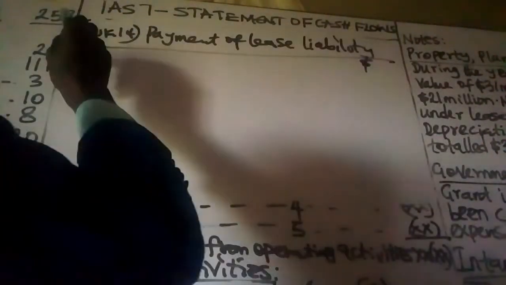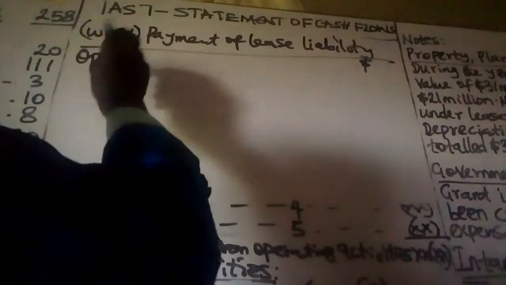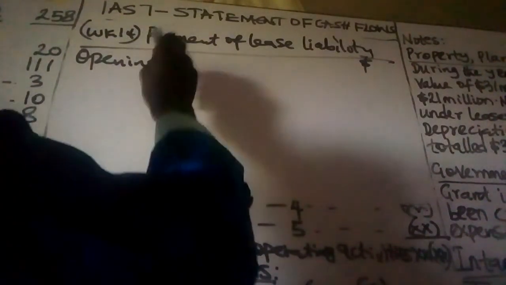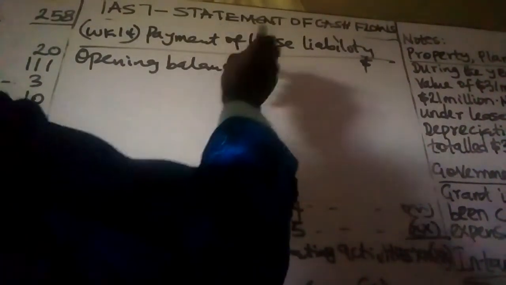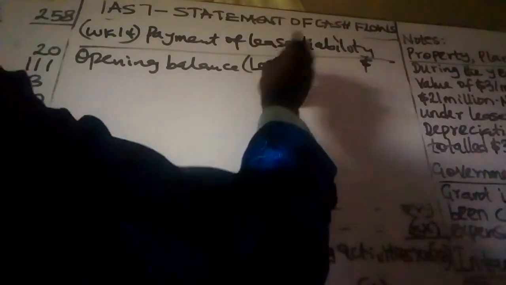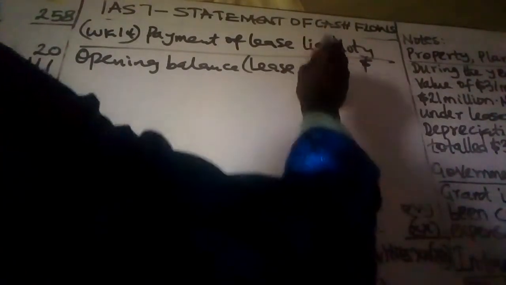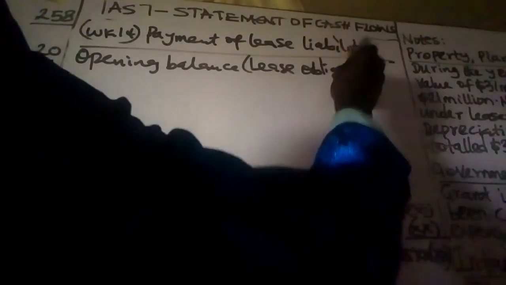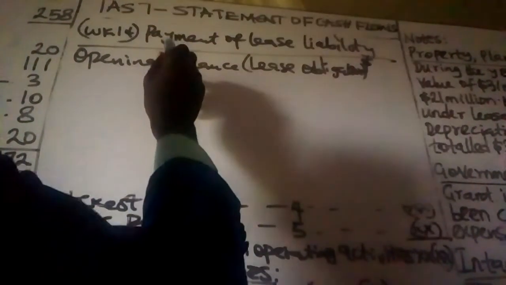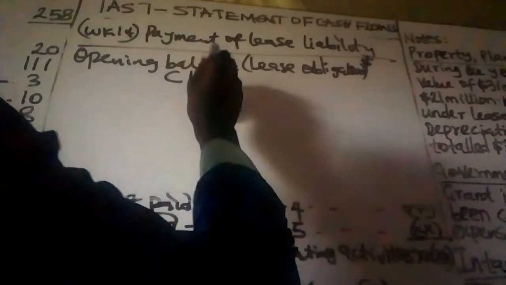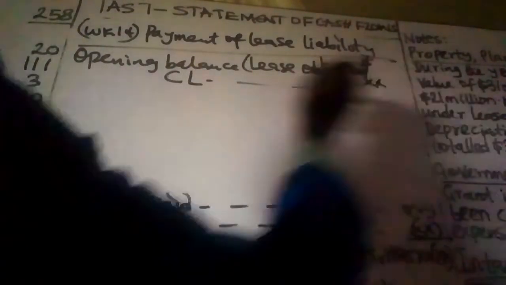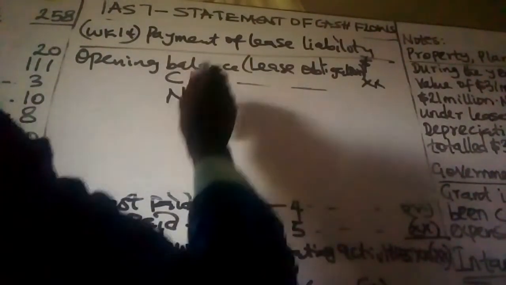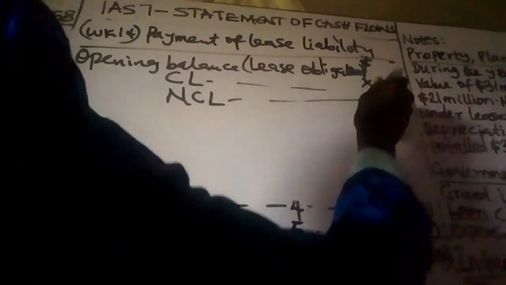We are going to start with the opening balance of lease obligation. Your lease obligation, you may have one under current liability and another one under non-current liability.